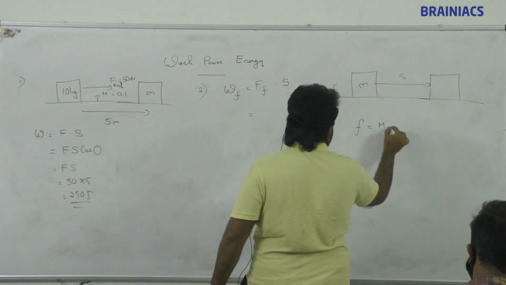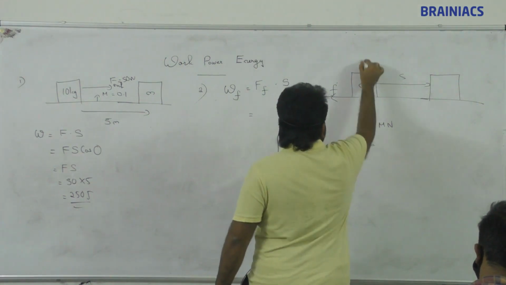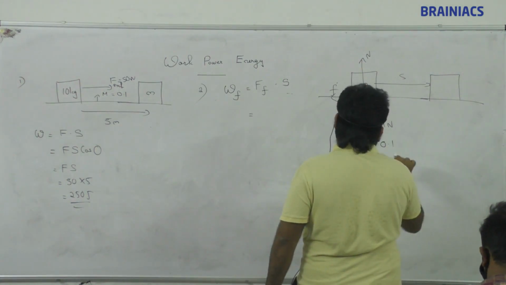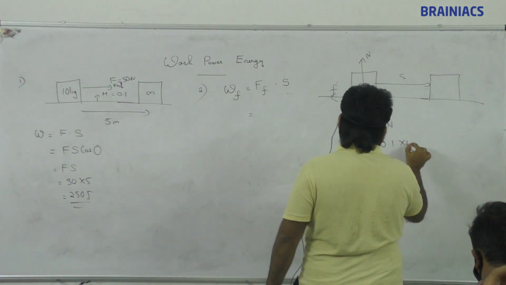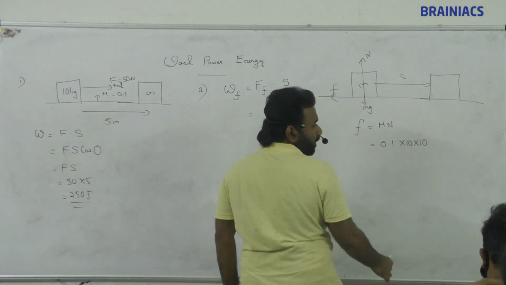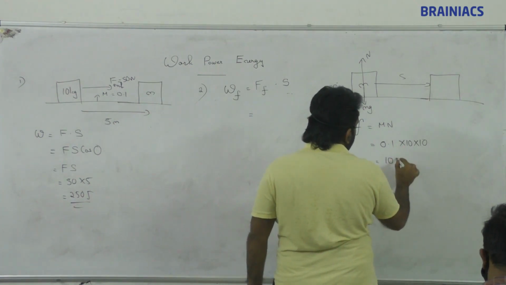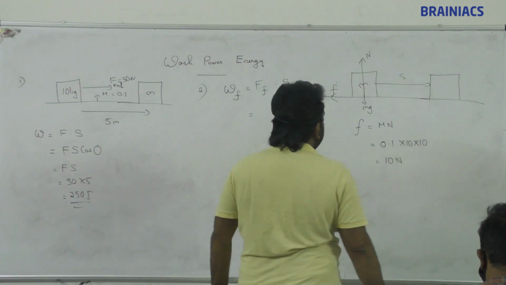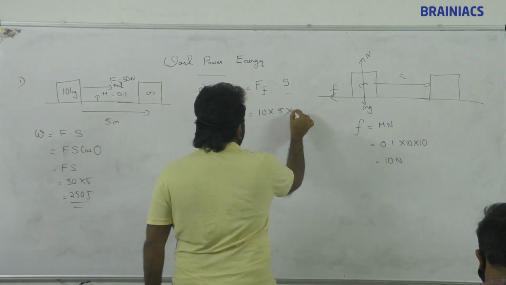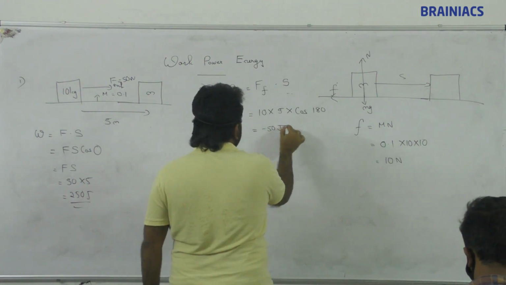Frictional force is equal to mu N. If this is mg, this is the normal reaction. Mu is given as 0.1, the mass is 10, so N is 100. So frictional force is 10 Newton. So 10 into the displacement 5 into cos 180. So this is going to be minus 50 joule.